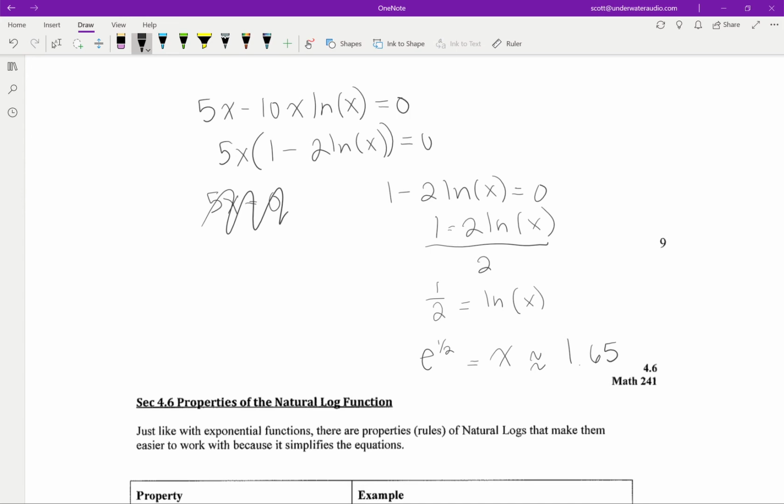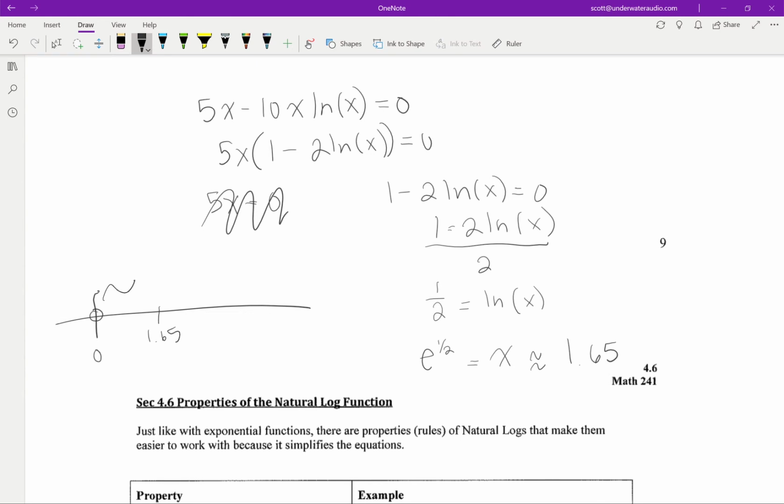So that's not enough right there. I still need to do a little bit more to figure out where it's increasing versus where it's decreasing. I've got a number line here, and it has to be things greater than 0, so not including 0, and then I have a critical point at 1.65.